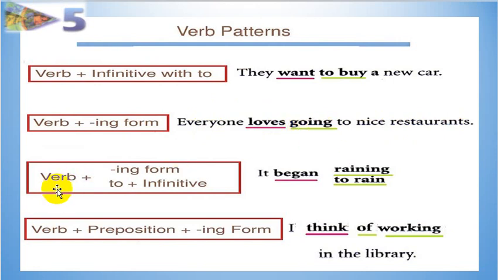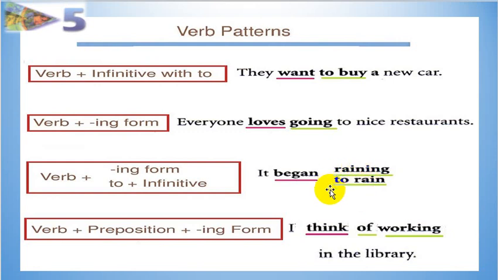Third pattern, verb plus either ing form, as in the second pattern, or to plus infinitive, as in the first pattern. Depends on the verb. It began raining, or it began to rain. Either of them is right.